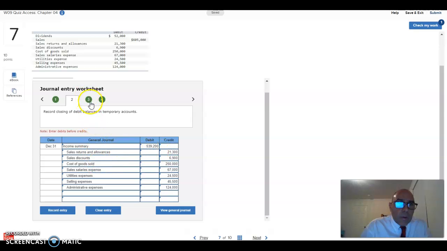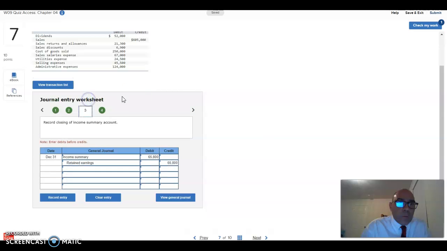Number 3 tells us to record the closing of the income summary account. So here we have the retained earnings, which is not in the list, of course. What's going to be the amount of the retained earnings? That's easy.